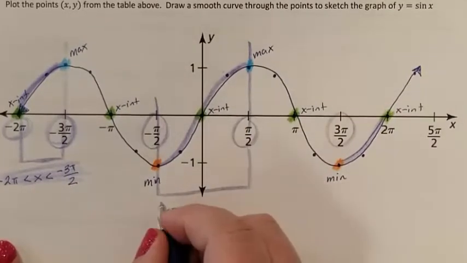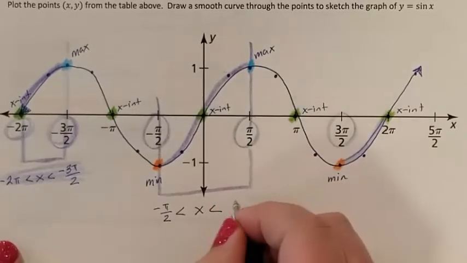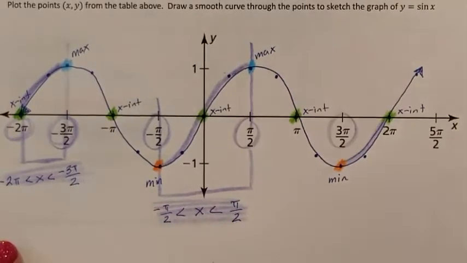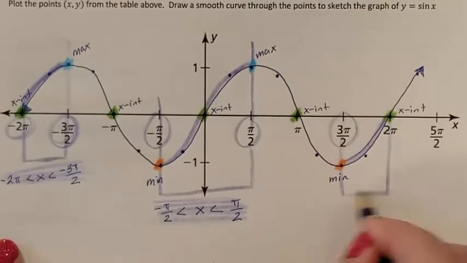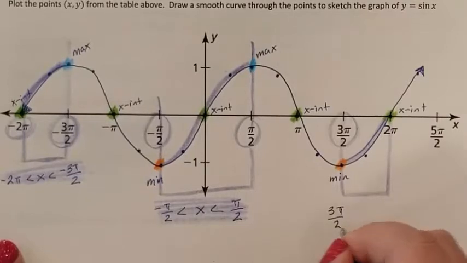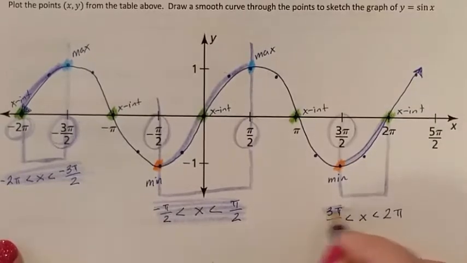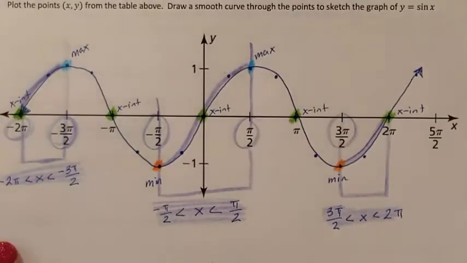So you would say, hey, look, I started at this value, and then I traveled along, and I ended at this value. This would have been increase interval number 2. Now our last interval started here and ended here. So I would say, I noticed that I started at 3 pi halves and I continued on until I stopped at 2 pi. That would be the third increase interval. So I observe sine has 3 increase intervals. So let's go ahead and add those to the table.